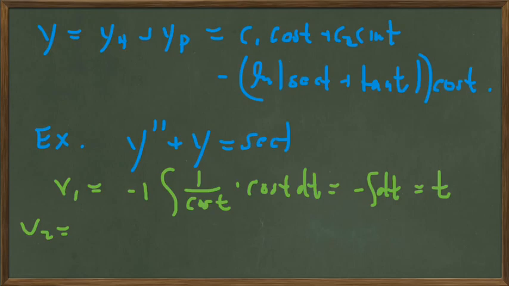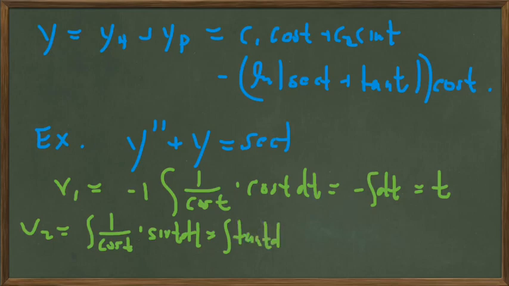v2 is 1 over secant, which is still 1, or again we'll write it as 1 over cosine, this time times y2, which is sine, so we're integrating tangent t, and you'll recall the integral of tangent t is ln of secant t.